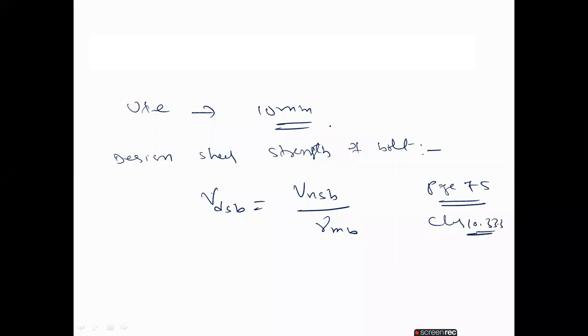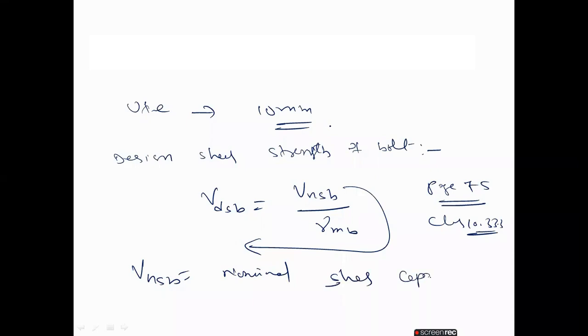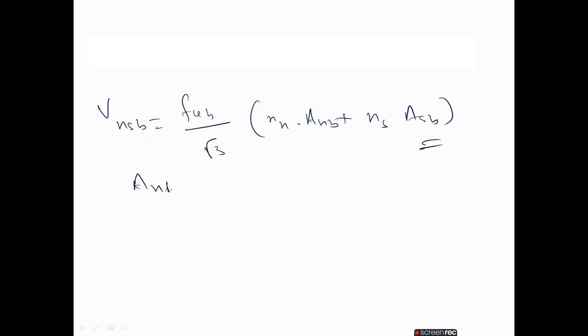What is Vnsb here? Vnsb is nothing but the nominal shear capacity. The formula for this is Vnsb equal to Fub by square root of 3 into (nn into Anb plus ns into Asb). We first have to calculate Anb and also nn, how many shear planes are there.